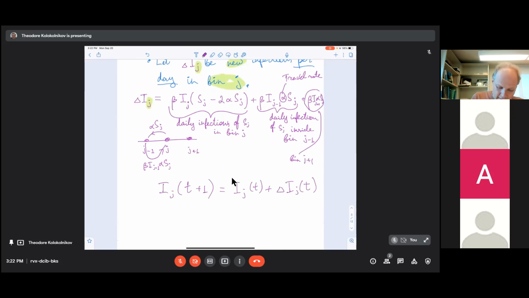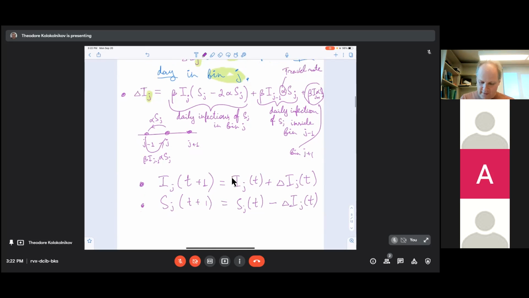And for S_j, you start with whatever was before and then minus ΔI. So that's the full model: this equation plus those two equations, and that's the full model that incorporates space.